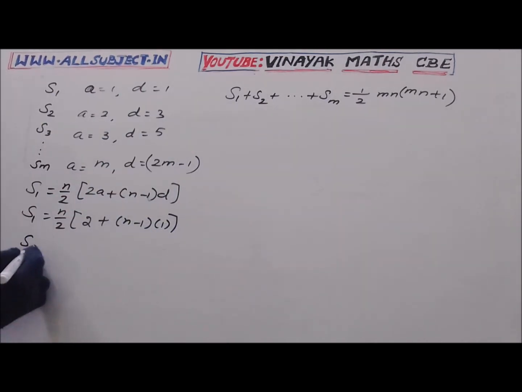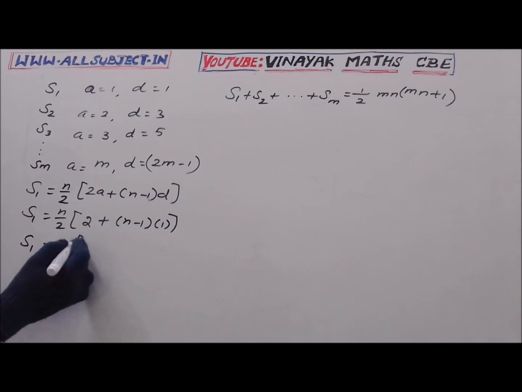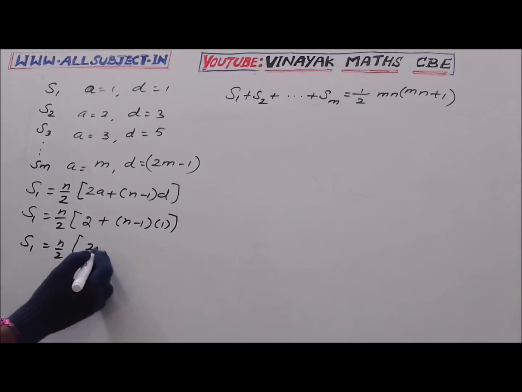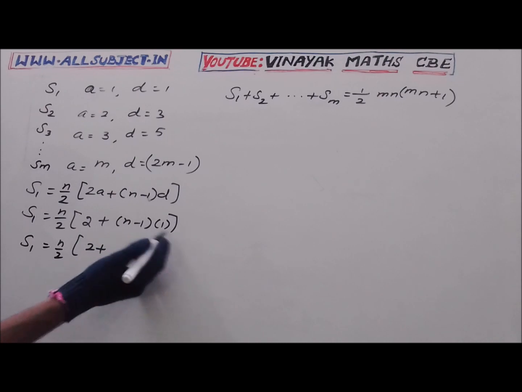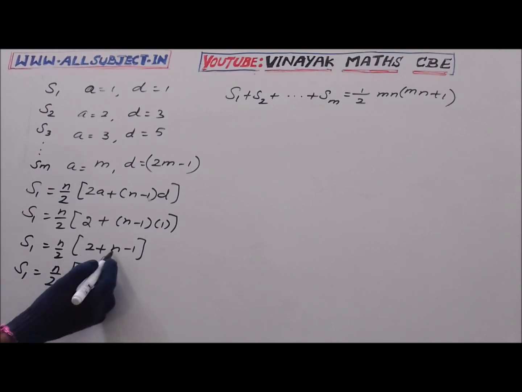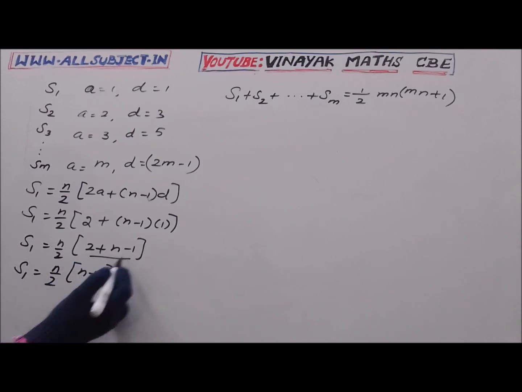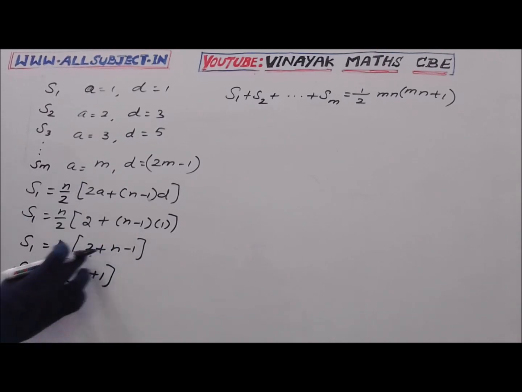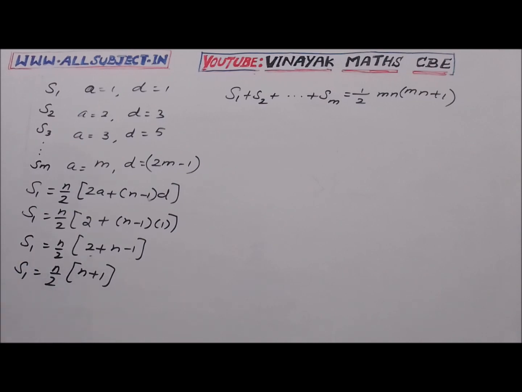So S1 equals n by 2 into 2 plus n minus 1. Simplifying this, 2 minus 1 is 1, so we get n plus 1. So S1 equals n by 2 into (n plus 1).